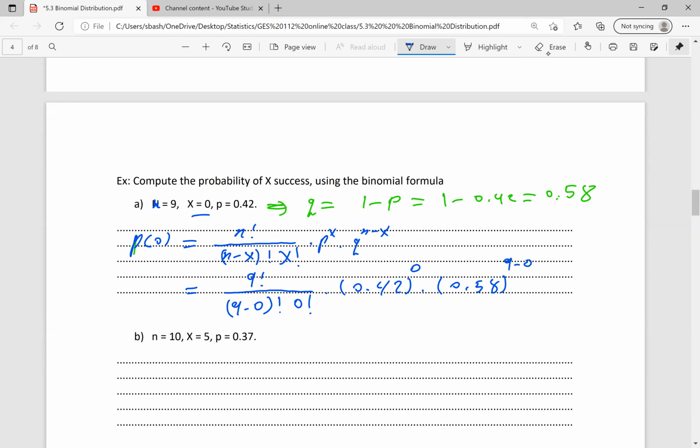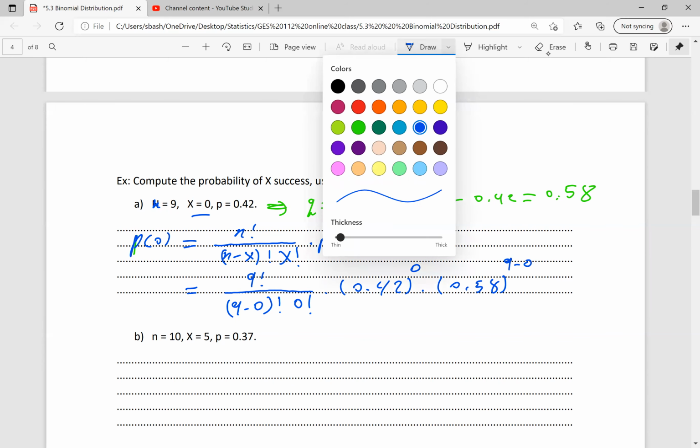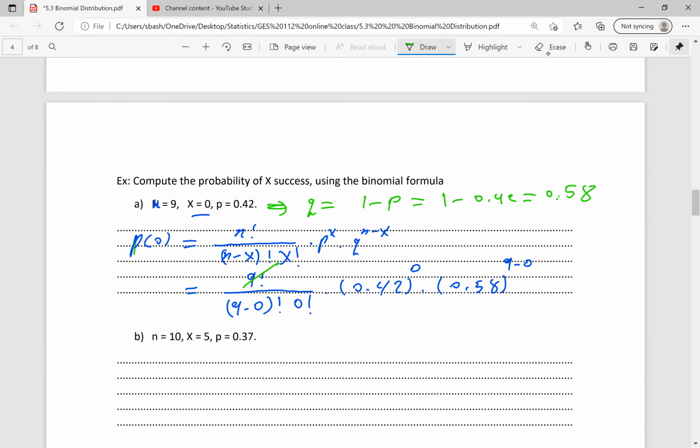Now 9 minus 0 is equal to 9, so 9 factorial will cancel with this one. Also, 0 factorial is equal to 1. This is the definition: the value of 0 factorial is equal to 1. So this one down equals 1.